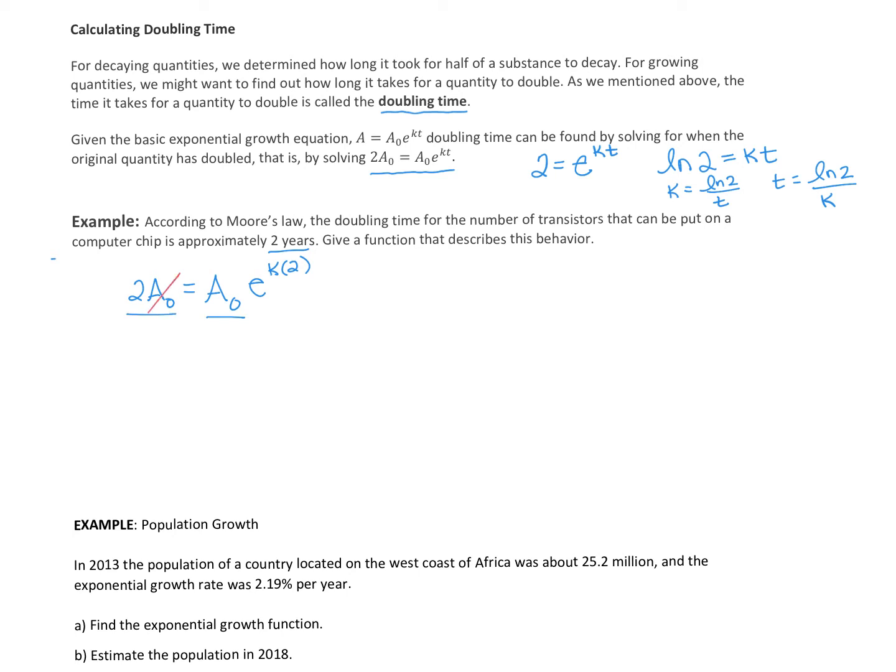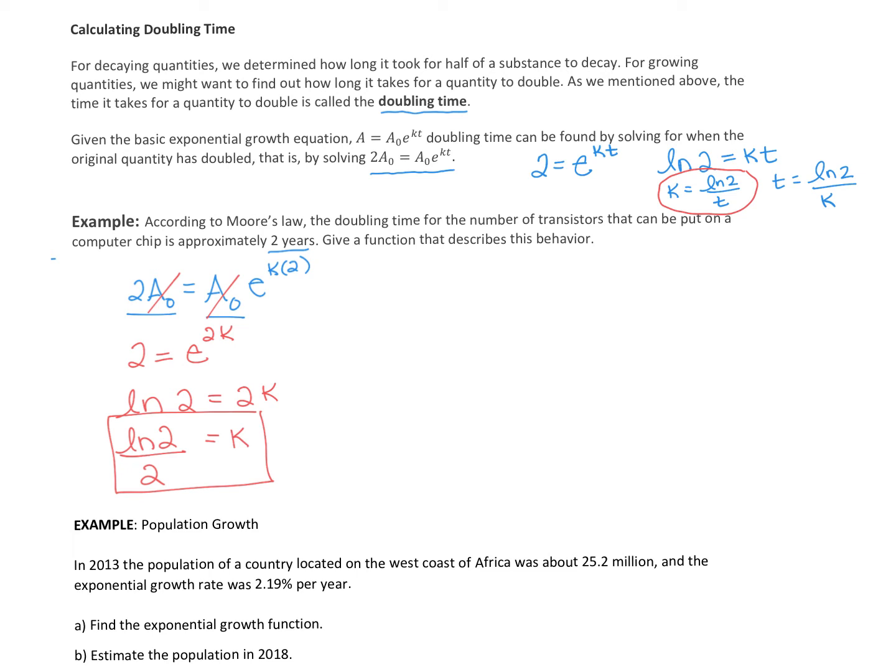We will divide by a sub 0 and get 2 equals e to the 2k, and writing it in logarithmic form, the natural log of 2 equals 2k, and k is the natural log of 2 over 2. So notice I could have also used this formula and said that k is the natural log of 2 divided by the doubling time t.